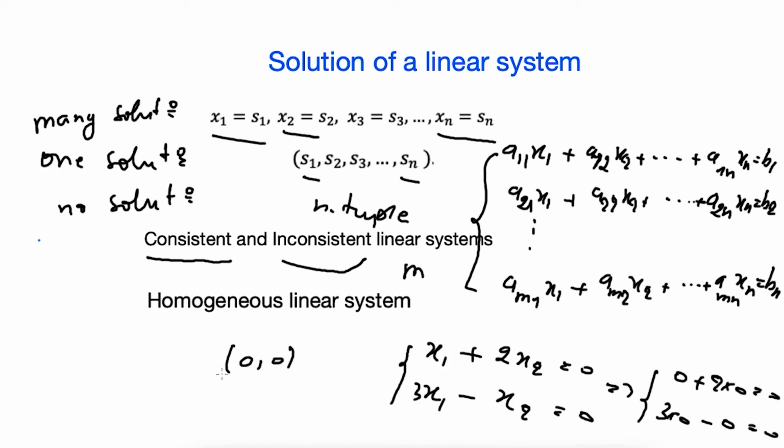And for any homogeneous system, we have the tuple (0, 0, ..., 0) with n zeros as a solution. We call it the trivial solution. Even if it may have another solution, this solution is called the trivial solution.